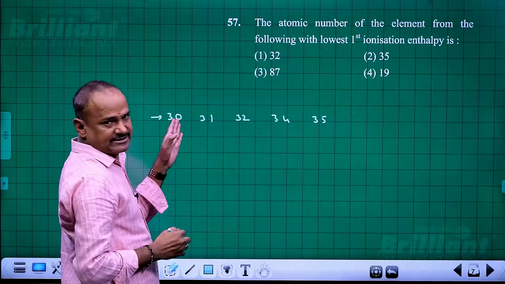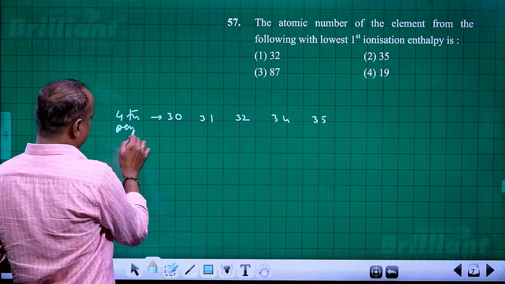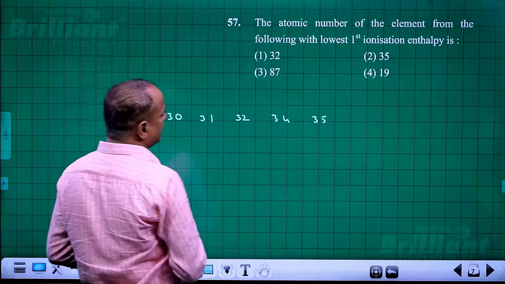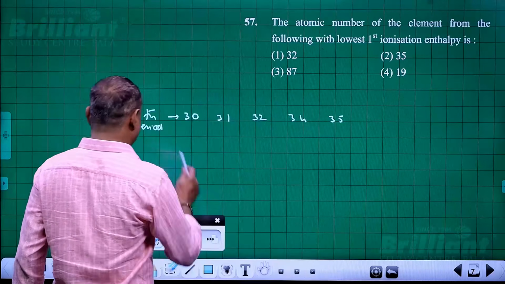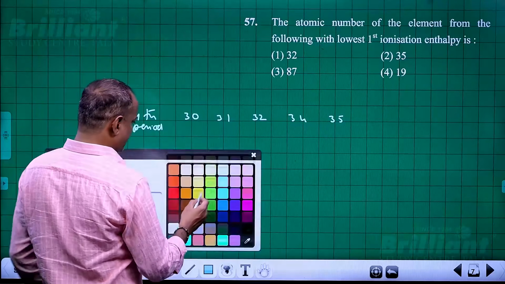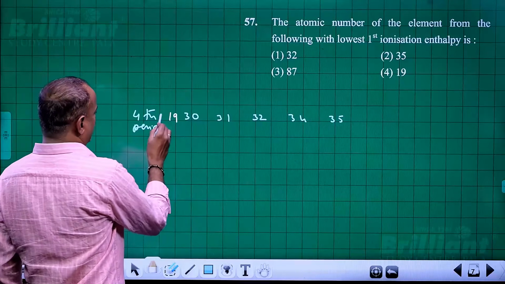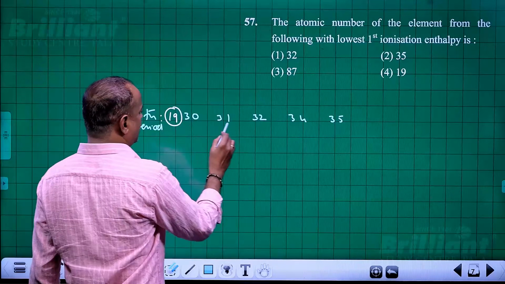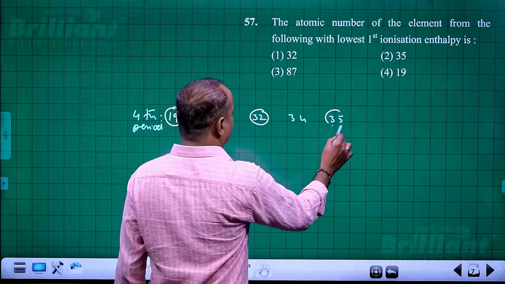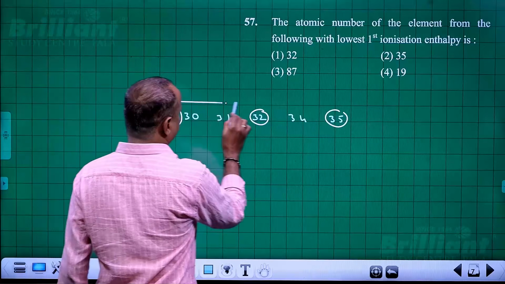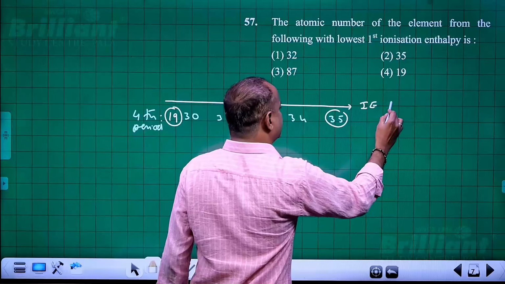Suppose zinc, 4s2. Next, 19, potassium, also the same period before that. 19, 32, 35. Along the period, ionization energy increases.